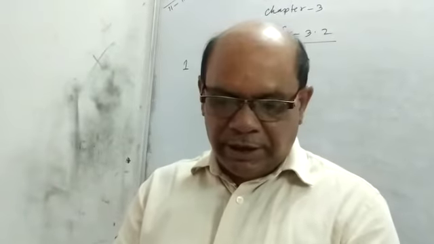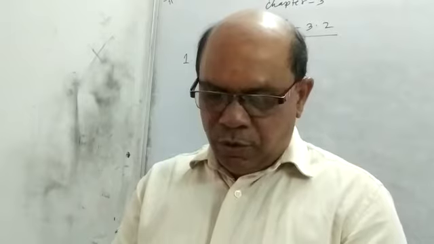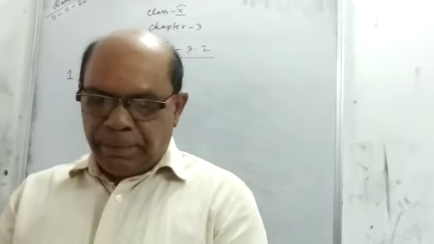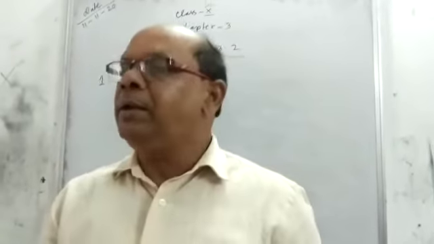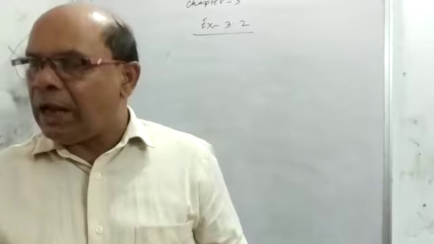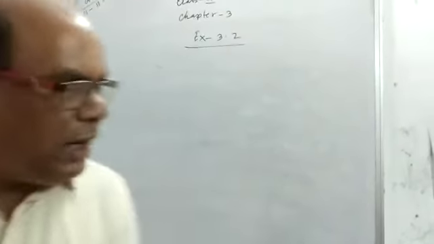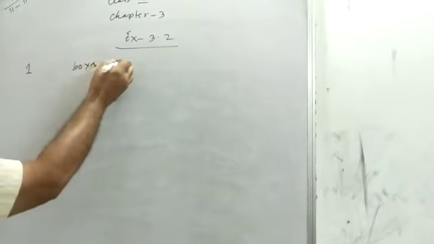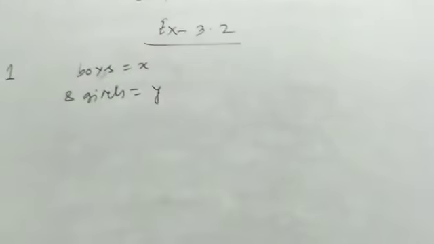Number 1 says: 10 students of class 10 took part in a maths quiz. If the number of girls is 4 more than the number of boys, represent this situation algebraically and graphically. Means we have to solve graphically. Let the number of boys be x and girls be y.